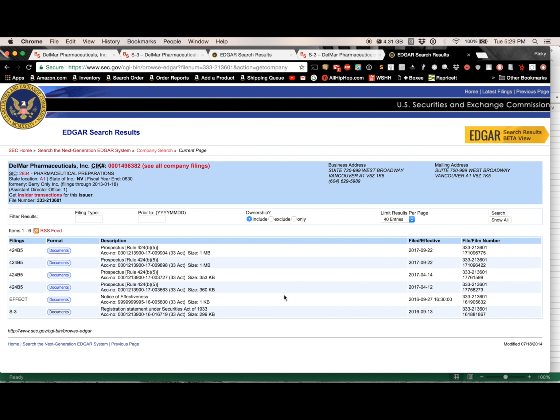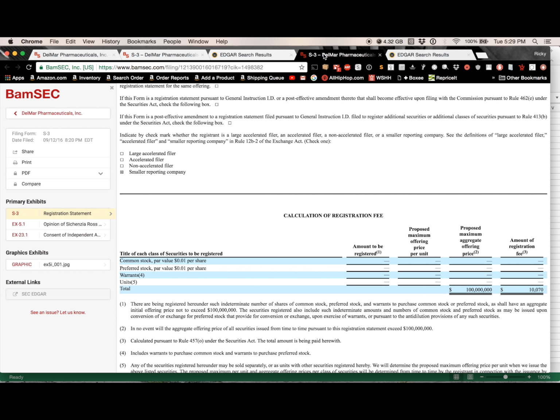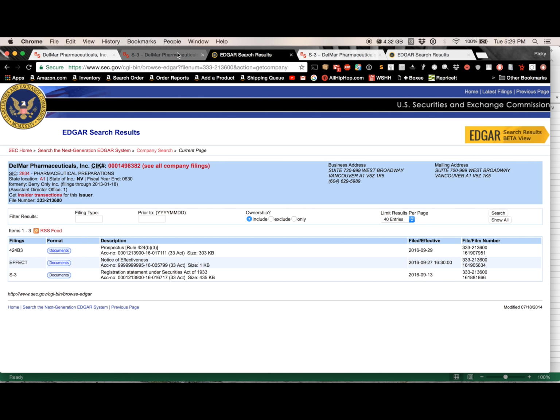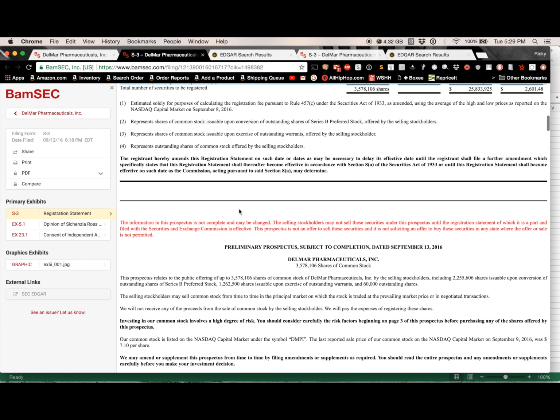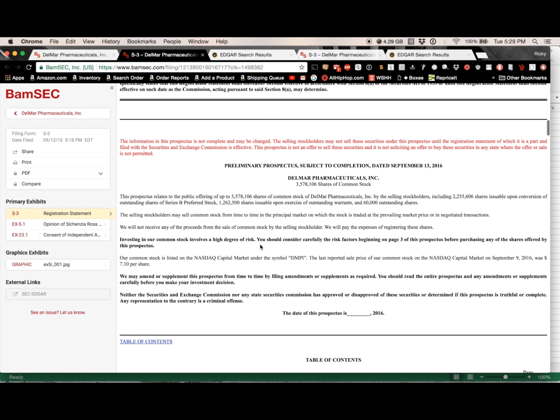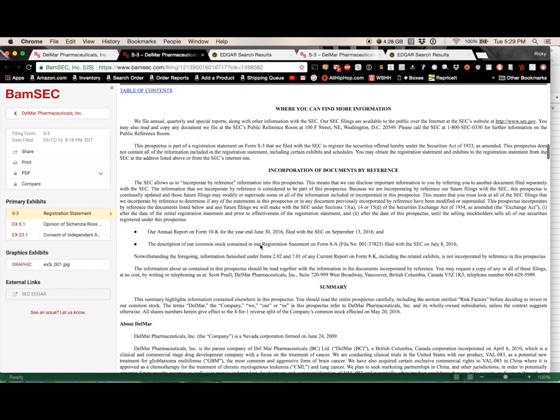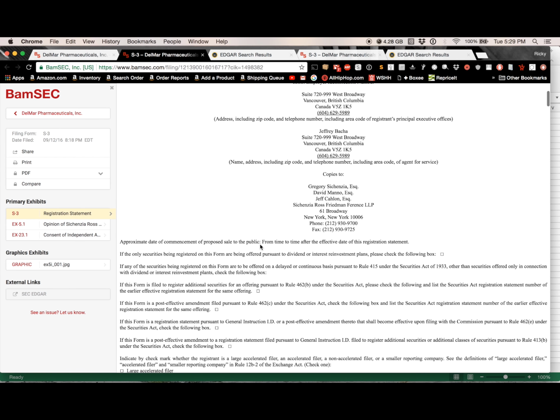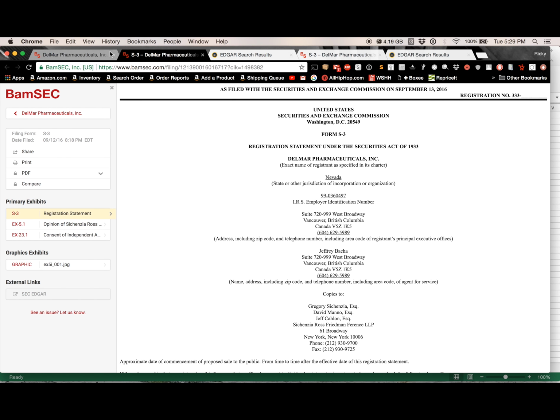Let's show you guys how to come to a rough estimate of what their current float is. Going off of, let's see if we can find it in the S3. Is it in this one? It's not. Let's see.